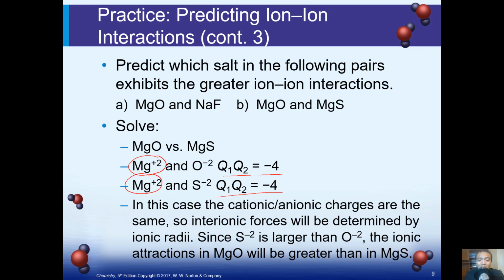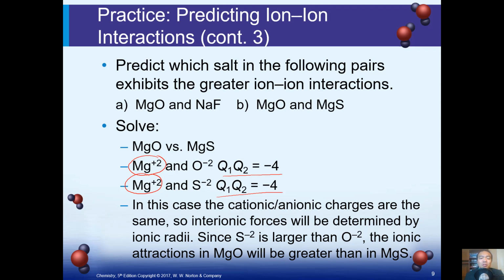Let's quickly summarize what we have talked about. According to Coulomb's law, the attraction depends on two factors. One is the charges, which usually dominates the attraction force. And the second is the distance.